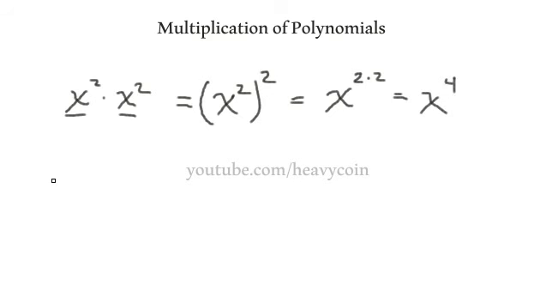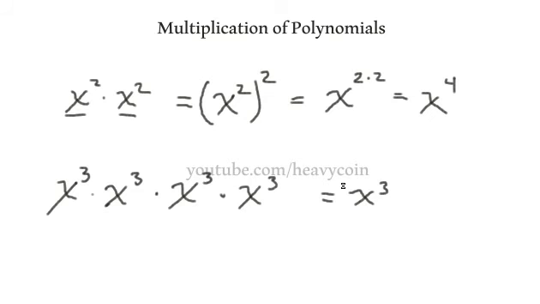So let's look at that again. If I were to have x to the 3rd times x to the 3rd times x to the 3rd, let's do it one more time, times x to the 3rd, and I wanted to rewrite this. There's 1, 2, 3, 4, so this is x to the 3rd, and it's all raised to the 4th power.